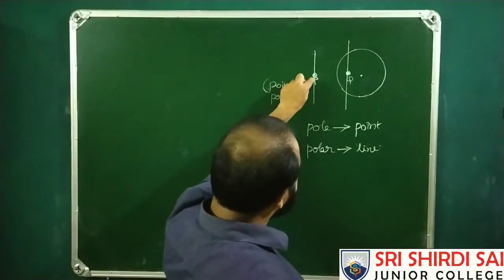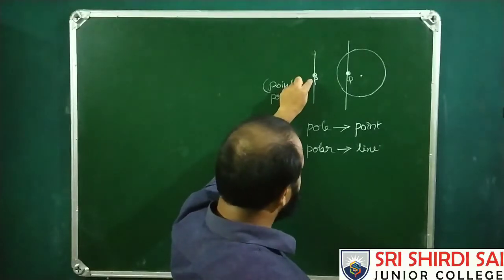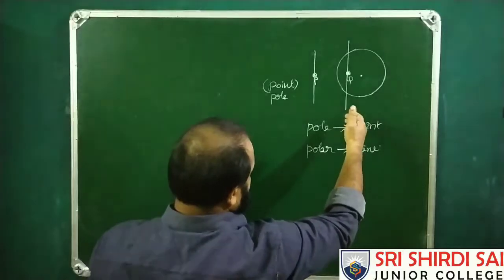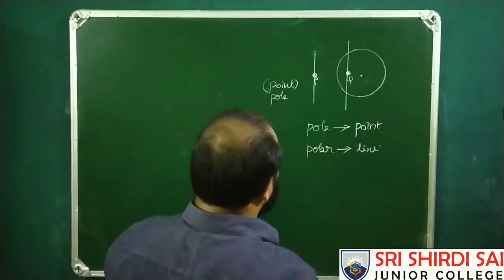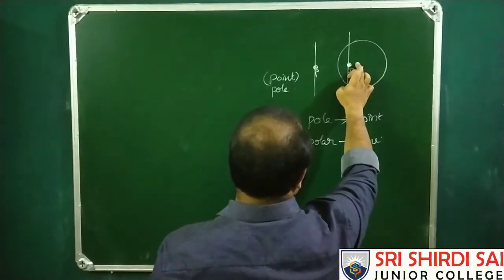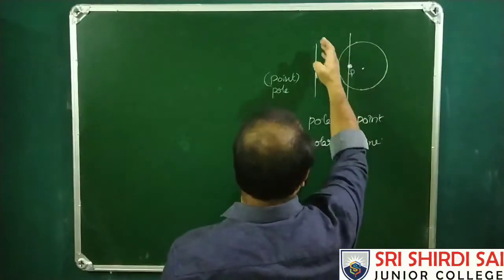Since it is a pole, it needs to have a polar. So that polar is this line. Okay.